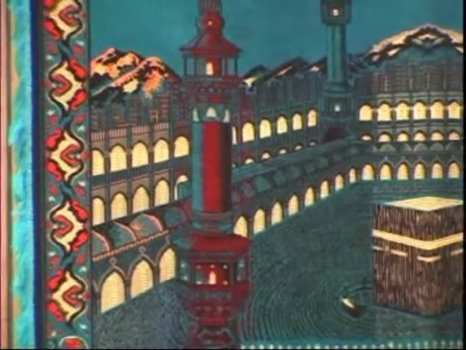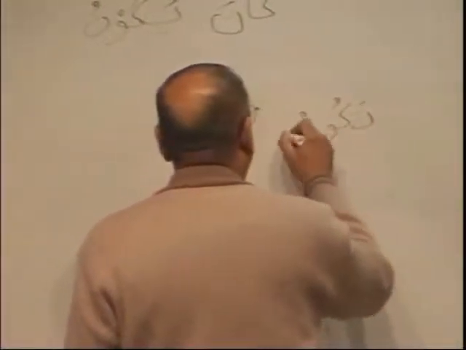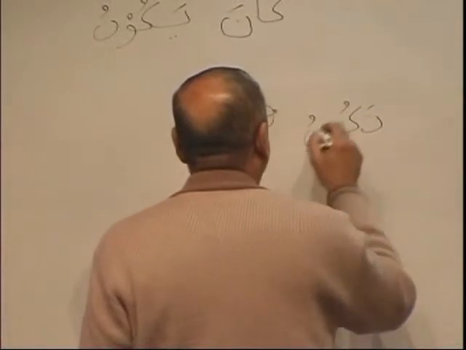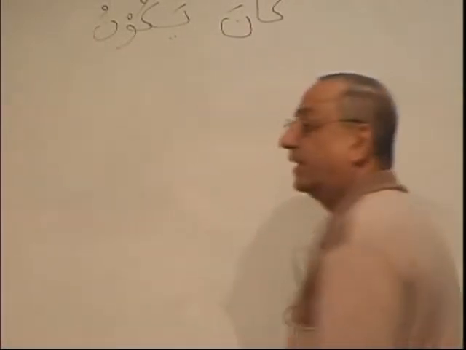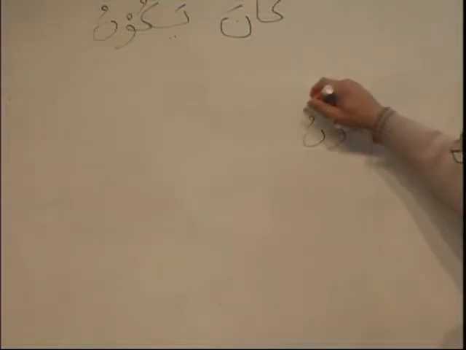So if I say to you, brothers and sisters, takunu. How do I make amr? Oh, how did you do that? Because you cross this out, and then you put a sukoon there.